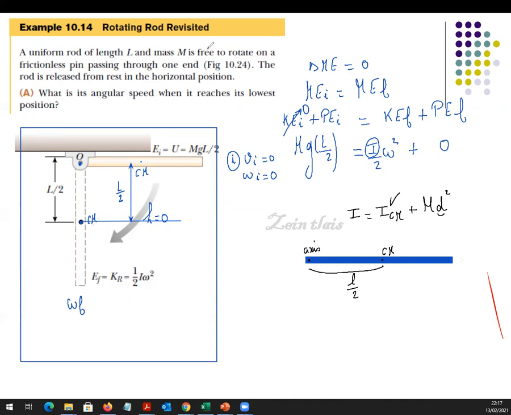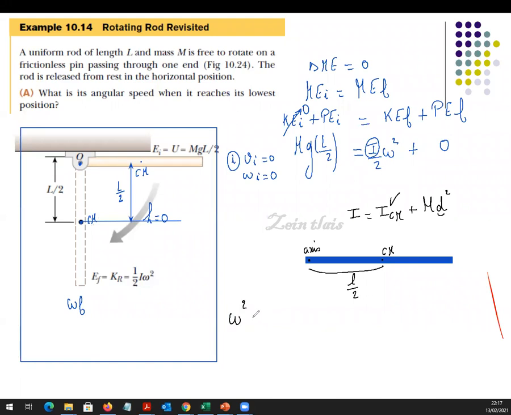Okay, so we can put its value: mg L over 2 equals, okay, here I need to calculate omega at the final position.